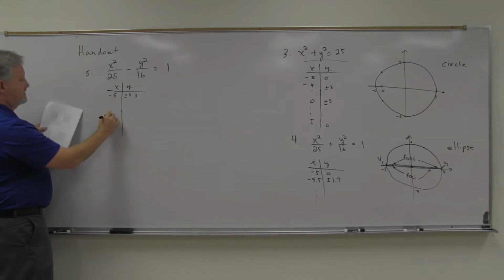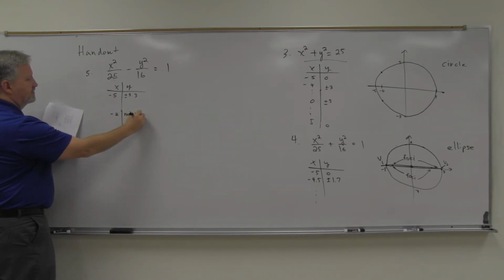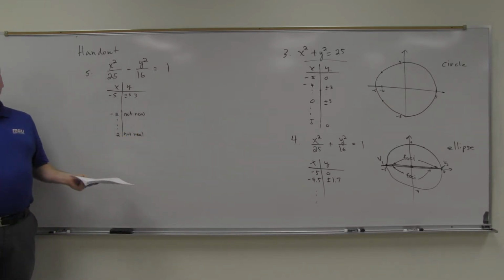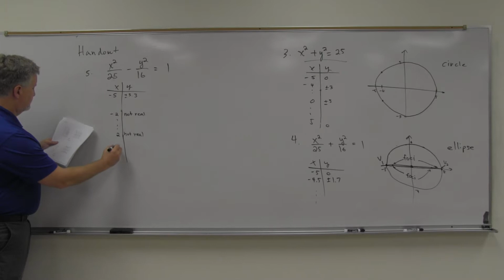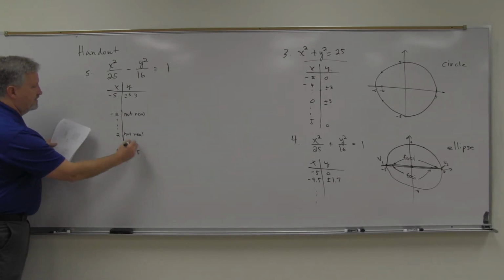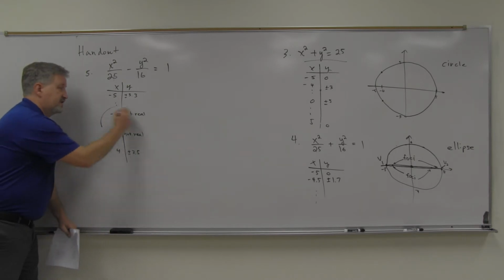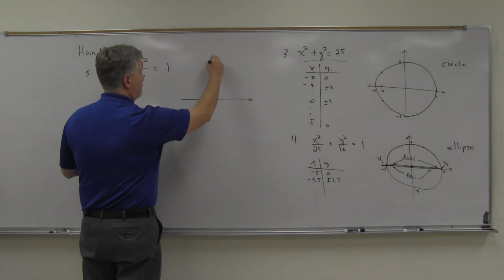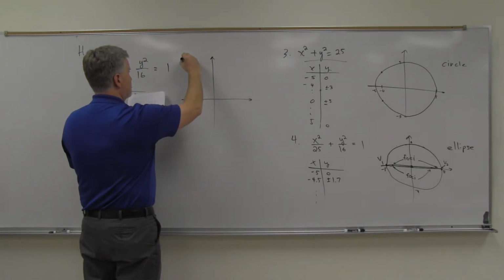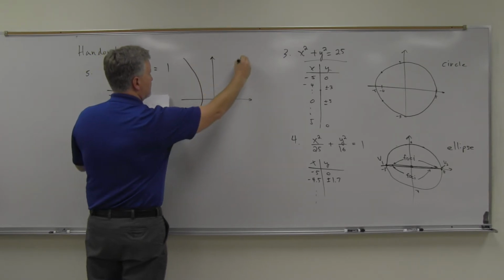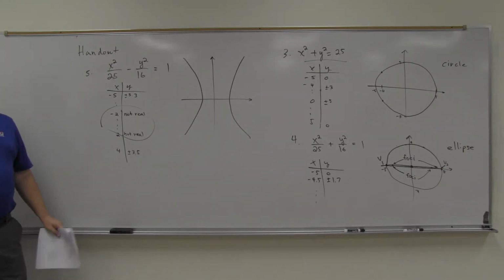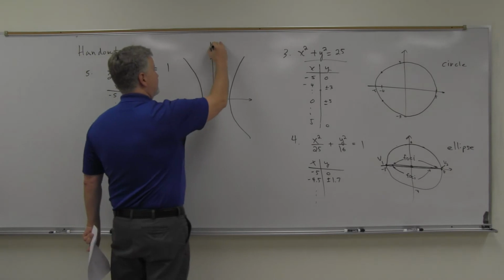But notice in the middle I don't get any values, because those don't give me real values for the y values. Just to put a couple of random points there, but in the middle there are no real values for the y values. What that means is you have to break your graph, leaving a gap. This is what you have, which we called a hyperbola.